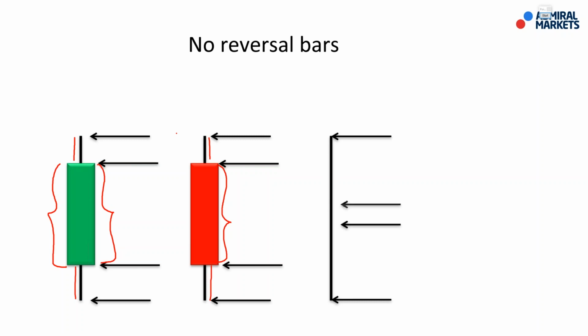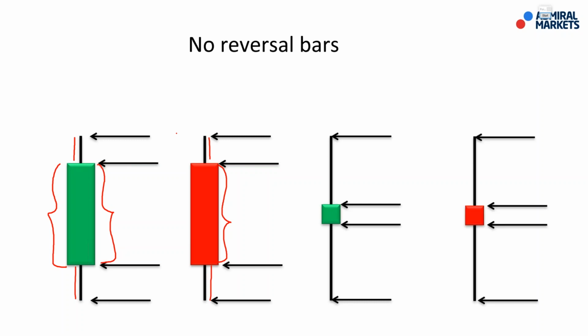Next one. Maybe you know this one. This is called a doji. You see a small body and a large shadow on the upper and the lower side. This is not a reversal bar. It shows you a balance in your chart, a balance in the order book.